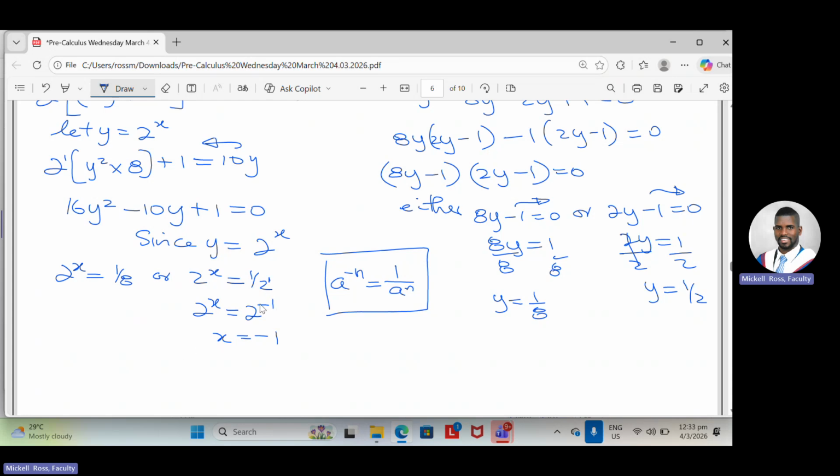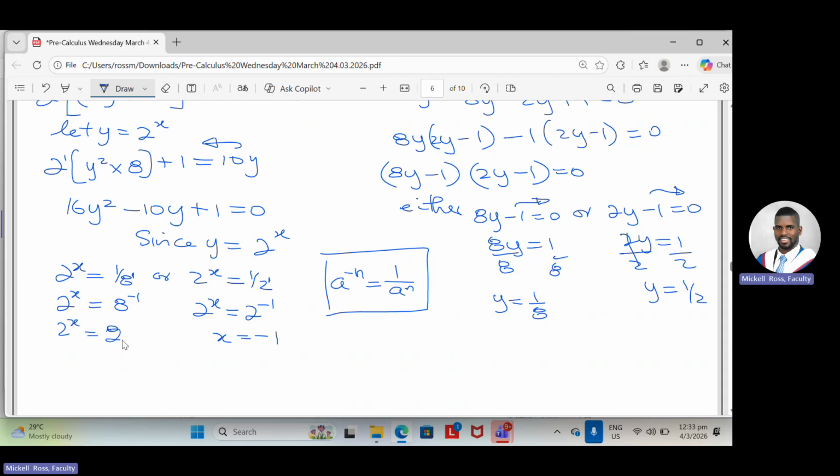Because the power of this 2 here is 1, it would be written as 2 to the 1. So it's 1 over 2 to the 1, so then it's 2 to the negative 1. 8 to the 1, so it is 1 over 8 to the 1. This can be written as 8 to the negative 1.